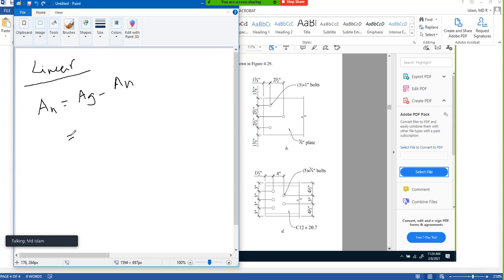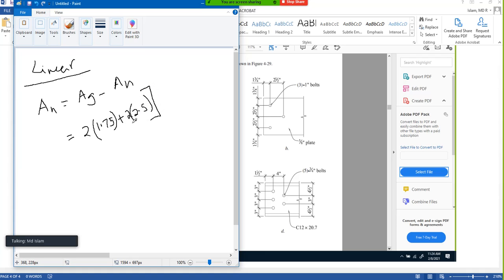What is my gross? This is 1 3/4, 2 1/2, 2 1/2, 1 3/4. So simply 1 3/4 is 7.5 plus 2.5.